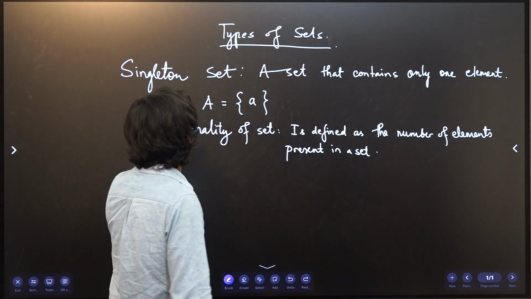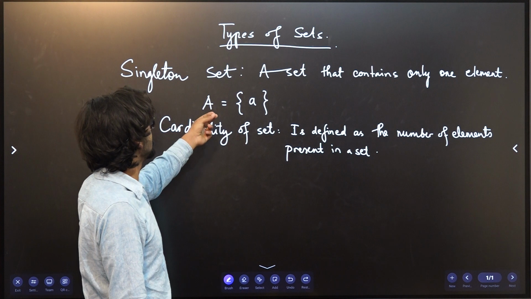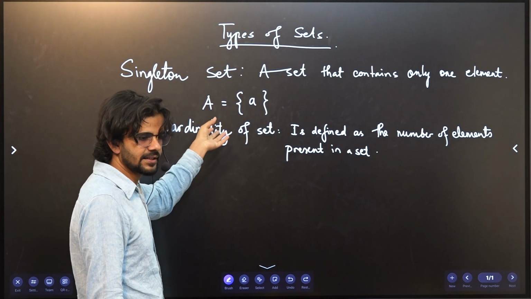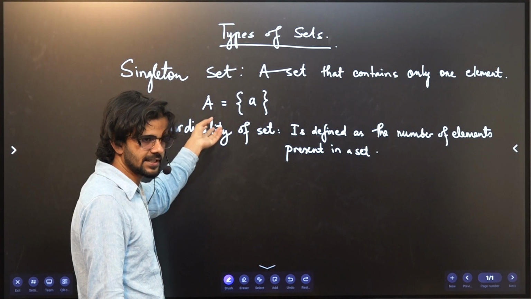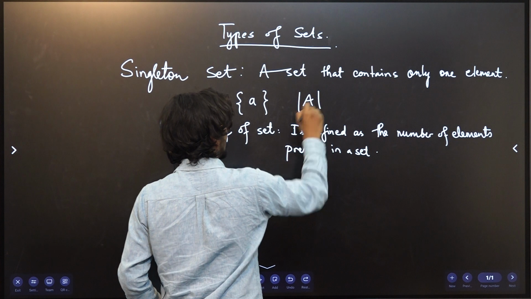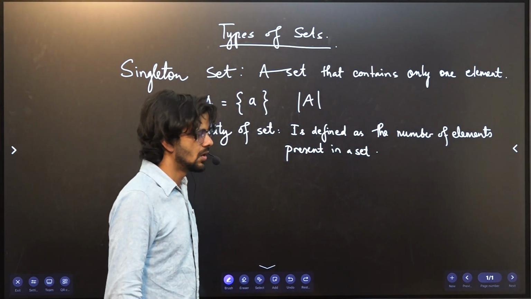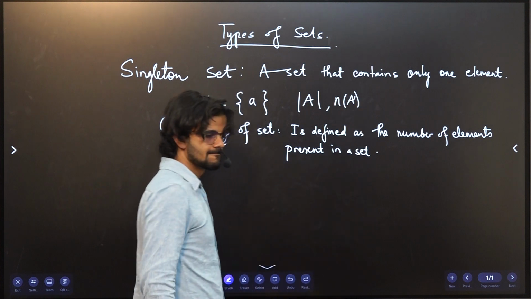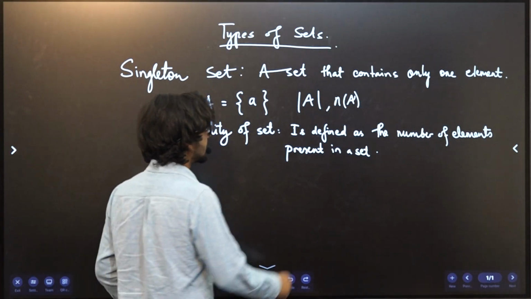Okay, so a Singleton set is a set that contains one element. Cardinality kati cha? What's the cardinality of set A? 1. So set A, cardinality, we write it like this, or we can write it like this, NA. What's the cardinality?